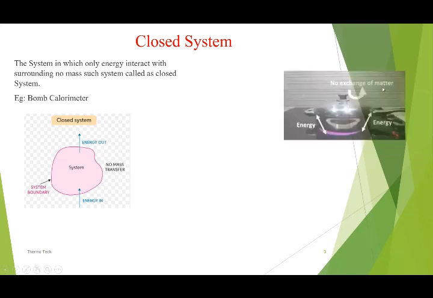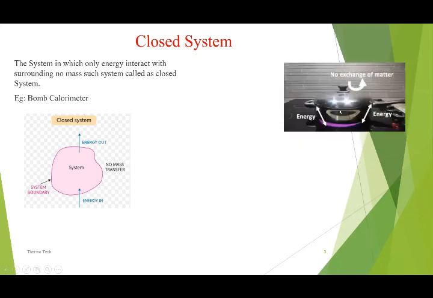Again, you can see the example here: we have one system, which is boiling water in a closed vessel, right? So during this process, what is happening? There is no transfer of mass to the surroundings. That is, no vapors are transferred to the surroundings.